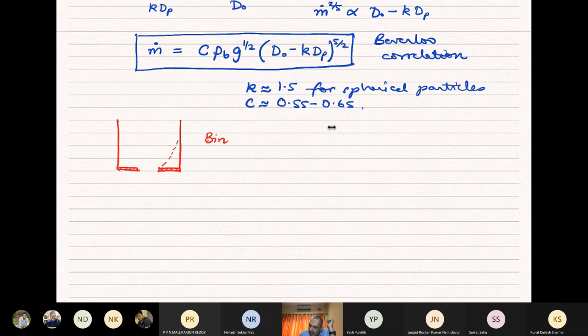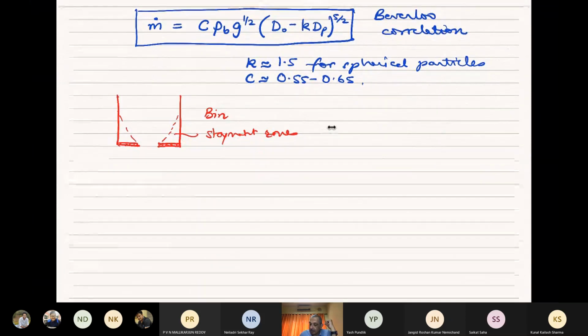And in this, you of course get stagnant zones, but in many cases you may not be bothered about it. So very often in the case of free flowing materials, people may use just a simple bin for storage and for supply of material to a process.